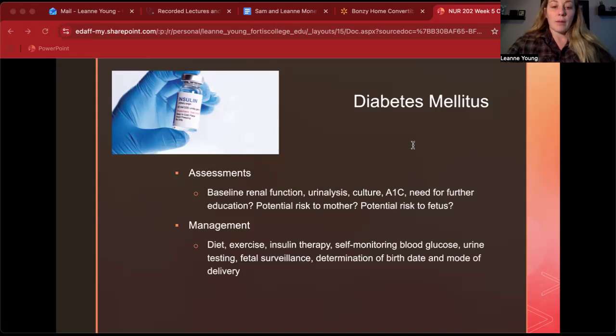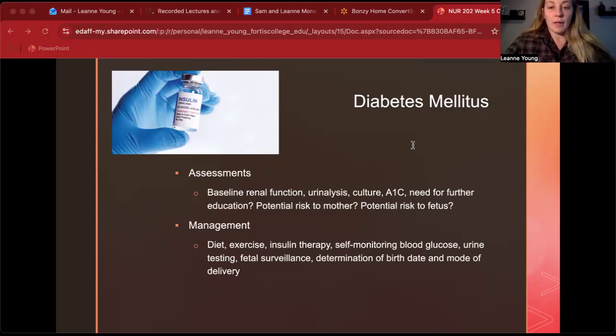So, we need to tell them that they need to be monitoring their glucose at home, using a glucometer or a pump, an insulin pump, or an automatic reader. Test their urine for any protein or glucose in their urine, which can indicate that they're developing preeclampsia or something else that can sometimes be more severe.